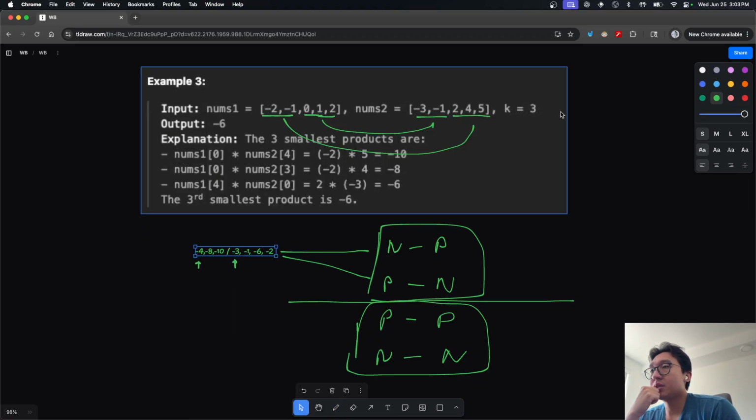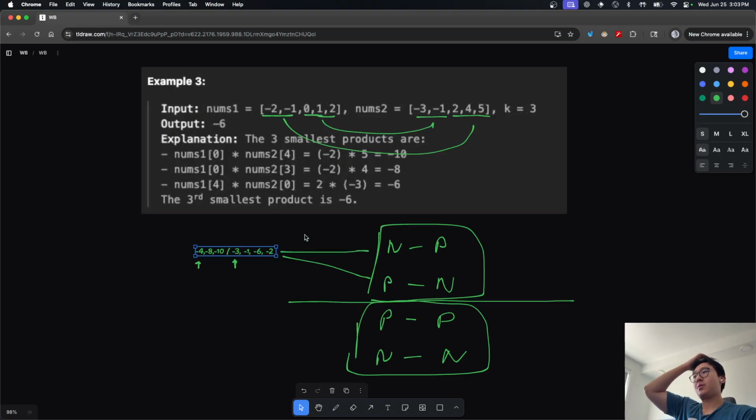We'll add to the answer until we reach k. I mean, we have to compare the numbers to make sure. Yeah, we have to.